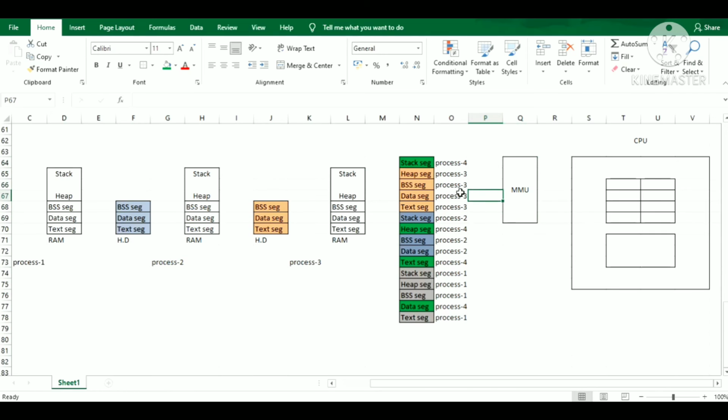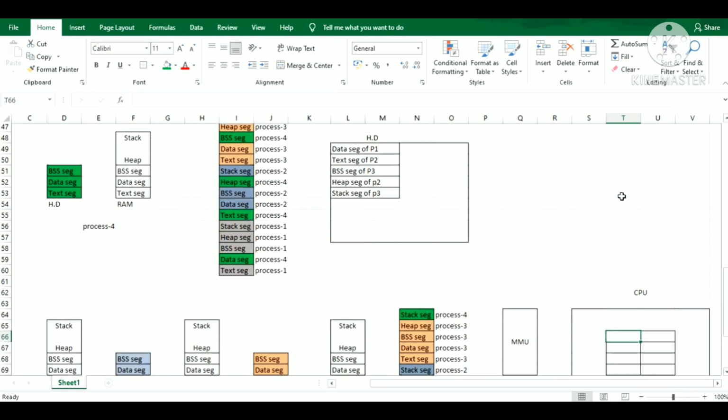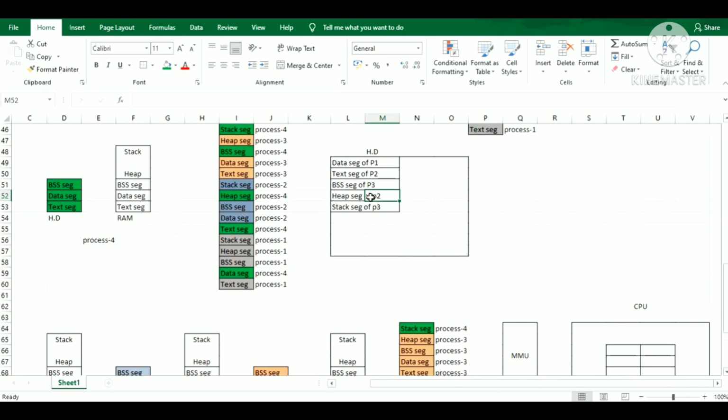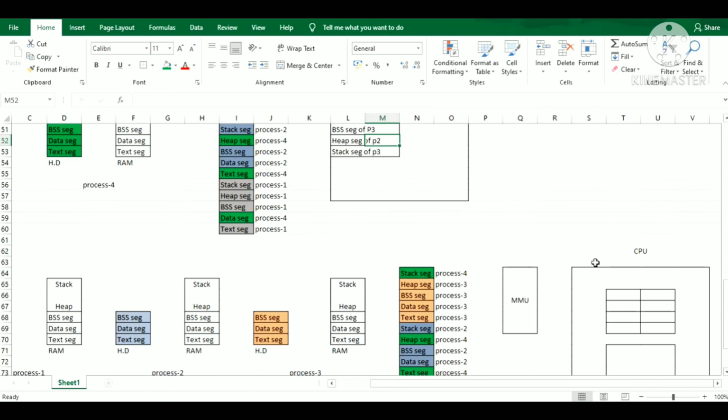How do we overcome it? It will look first from the memory mapping unit, and from the memory mapping unit to the CPU registers, and from the CPU it will look into the hard disk, whether the corresponding data segments are present in the hard disk or not, and then it is copied into the CPU, which does the calculation.